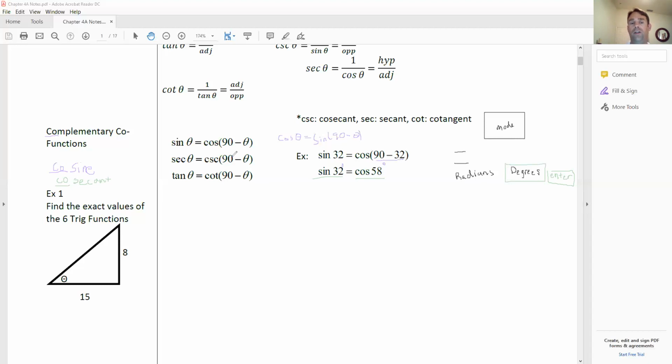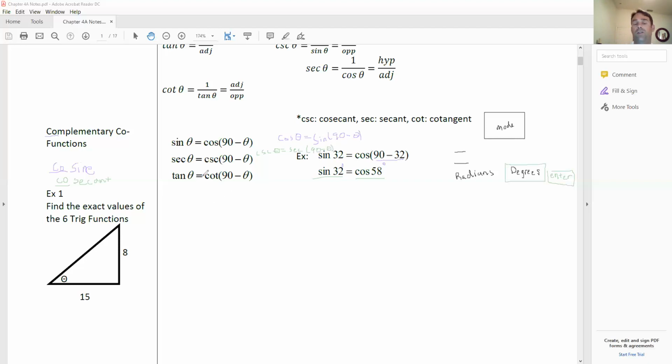So if secant theta equals cosecant of 90 minus theta, that means cosecant of theta is secant of 90 minus theta, because they're complements of each other.